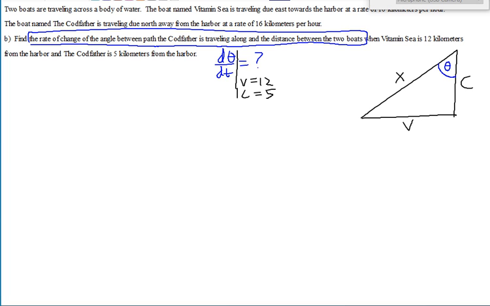So that same instant. All right, so here we have some different options to get an equation with theta, all involving a trig function. You could use sine of theta, d over x, cosine of theta, c over x, or tangent of theta, v over c. Any of those would work here, and they'd all give you the same answer in the end, even though the steps are a little different.